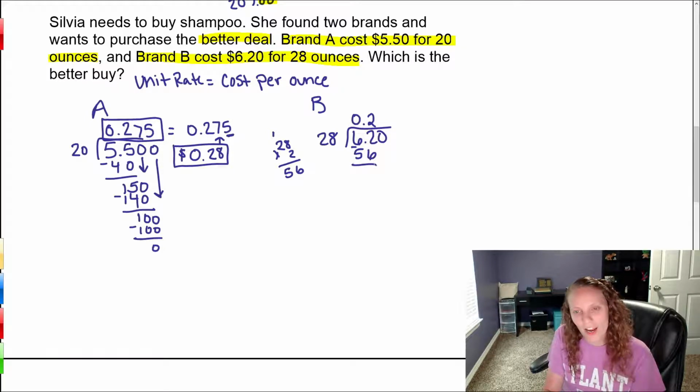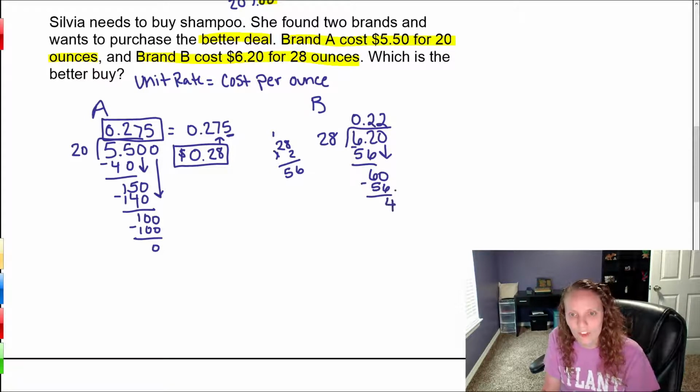When we subtract, there will be 6 left over. Let's bring a 0 down. And then 28 goes into 60 again, just 2 times. Minus 56 with 4 left over. And I'm going to do it one more time. Bring a 0 down, and 28 goes into 40 just once because twice is too much.